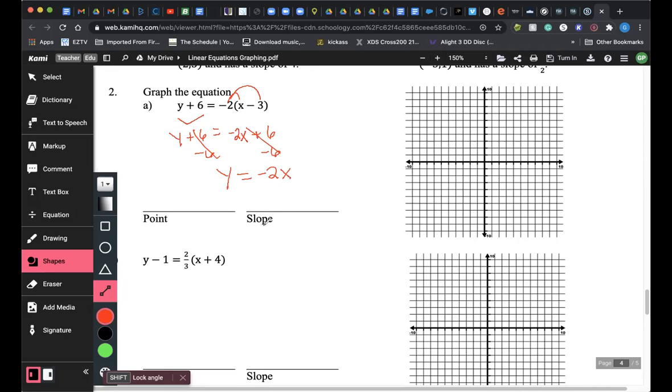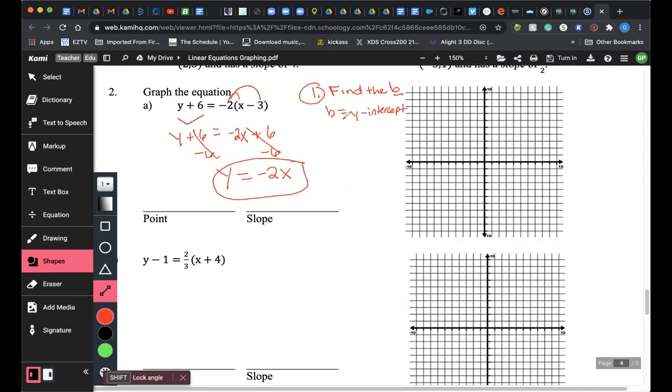All right. So how are we going to graph this equation? Where are we going to start? How can I remember my y-intercept?